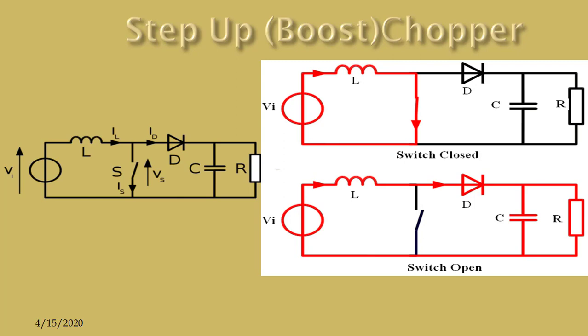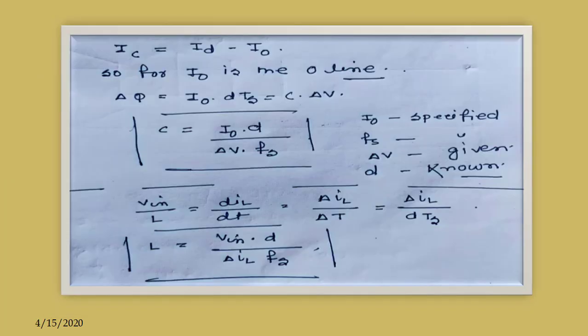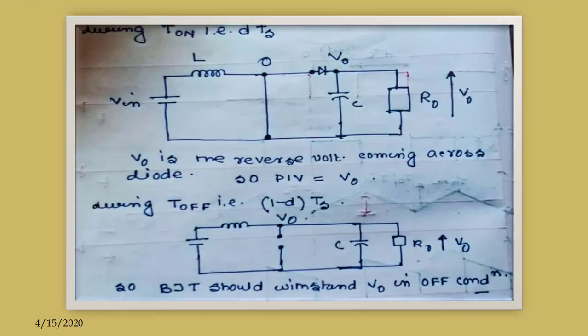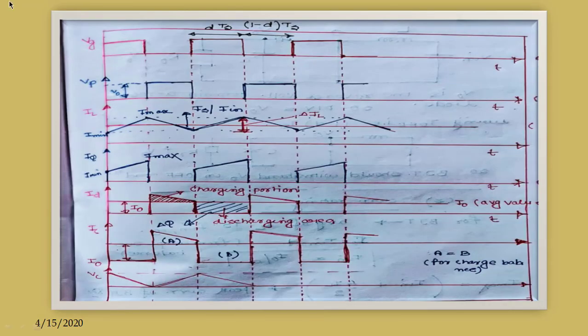So these are the critical waveform, similar to buck converter, from where we will decide the ratings and all the details of the components used in boost converter, that is the BJT, the diode, the inductor, the capacitor, right?